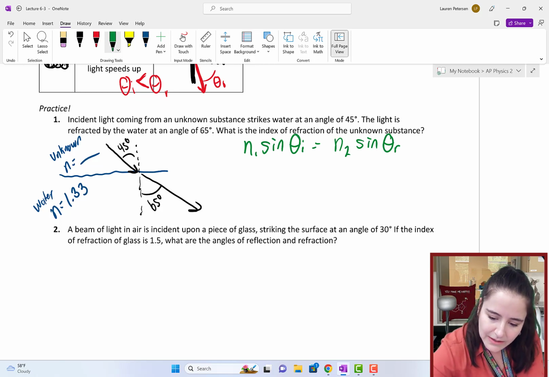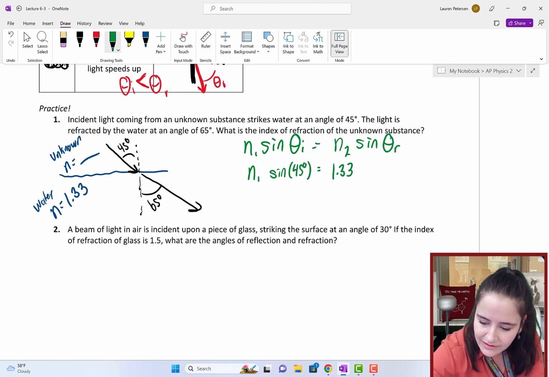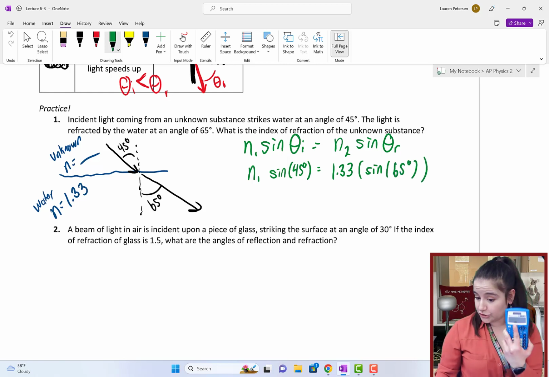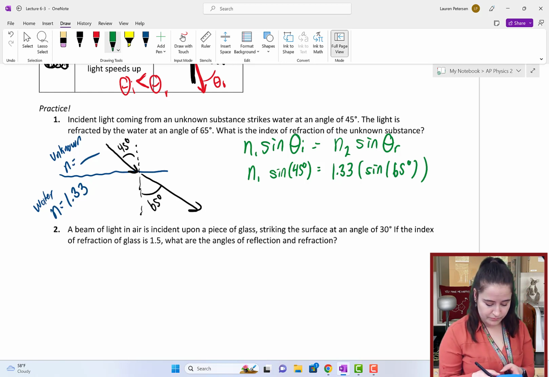So N1 is what I'm looking for. And then we will have N1 times the sine of 45 degrees equals 1.33 times the sine of 65 degrees. Note, make sure your calculator is in degrees mode. The sine of 65 degrees is about 0.9.